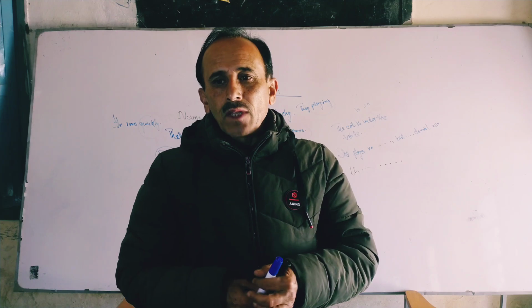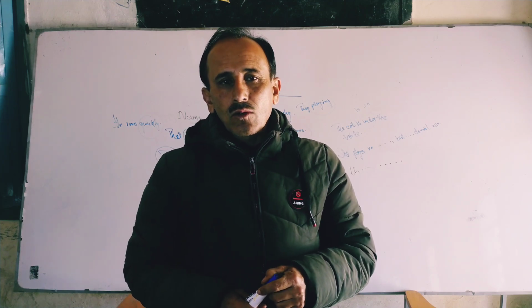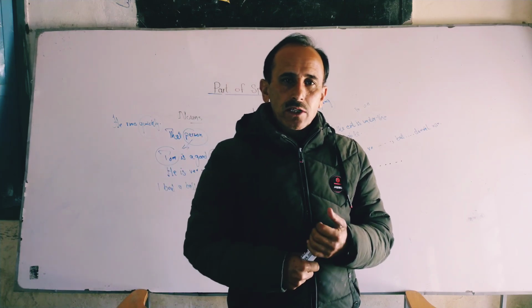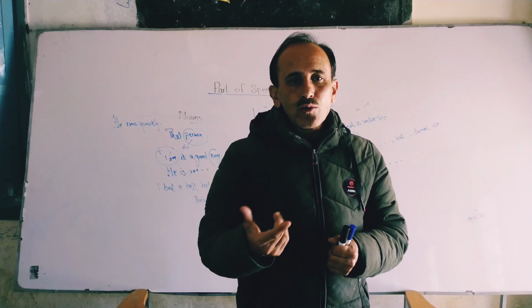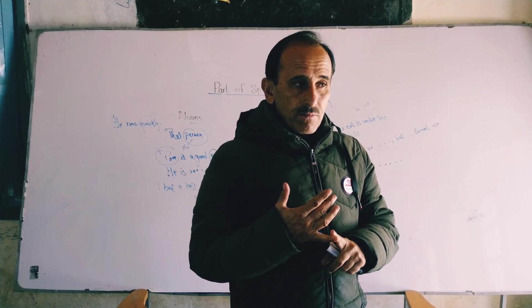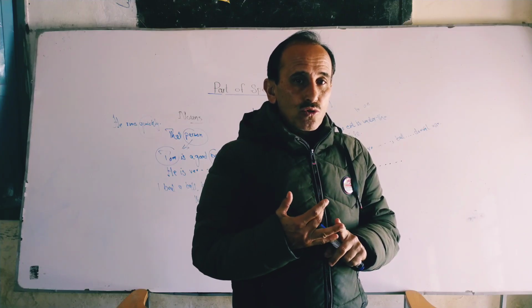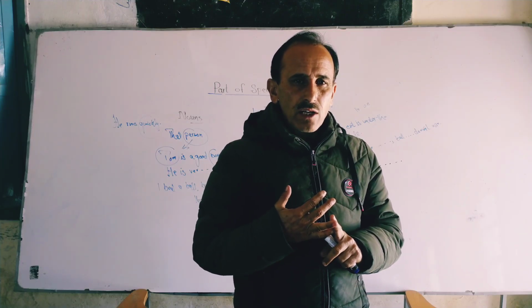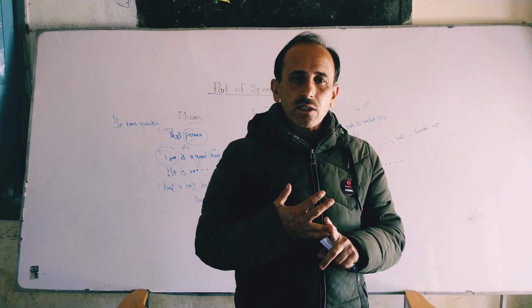The other one, conjunction. What are the main kinds of conjunctions? How to use them? Where to use because? Where to use but? For example, I go to school because I want to become a doctor.